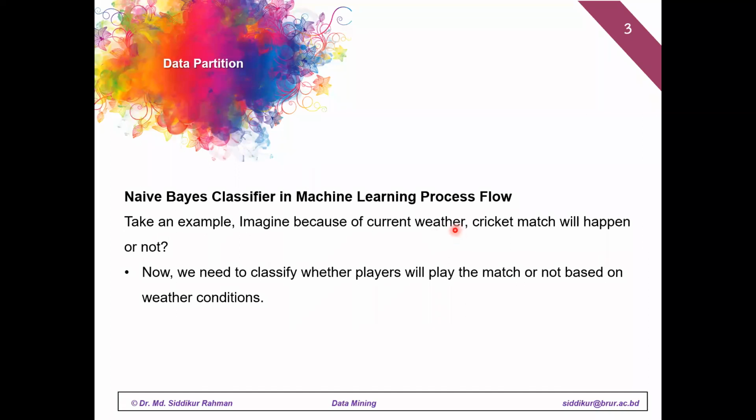Based on the weather condition, maybe you can decide whether a particular cricket match is going to be held or not, like the India-Pakistan match or the Bangladesh-India match. So you need to classify, okay? By nature, this is a classification problem. So how can you solve it? Maybe you can apply naive-bayes for good classification accuracy, or to predict the occurrence of the match. You can use this kind of algorithm for good predictive accuracy.